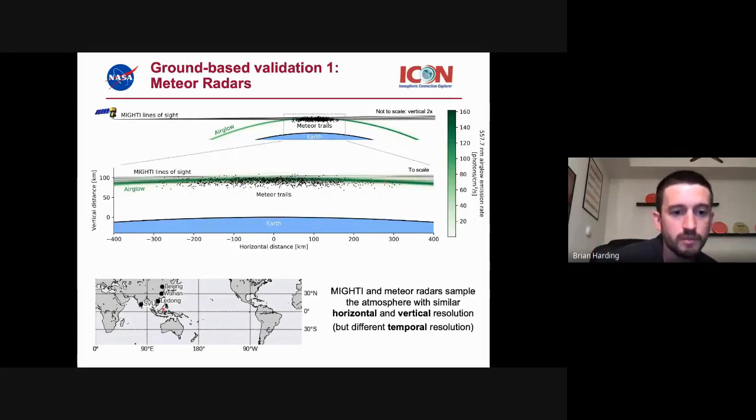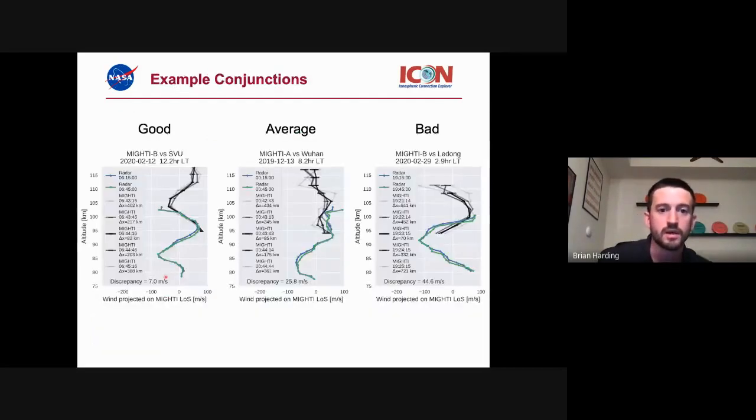So what I'll be showing today uses data from 4 of these meteor radars in the Asian sector, and for the first 5 months of the ICON science mission, there's I think it was 1,100 conjunctions with these radars. So we have a lot of data to look at here. I'll just show a couple examples. So this is 3 of those 1,100. It's sort of like I'm showing an average case and then a good and bad case.